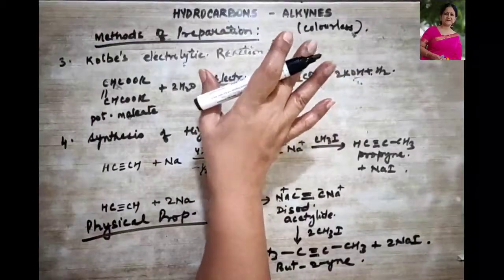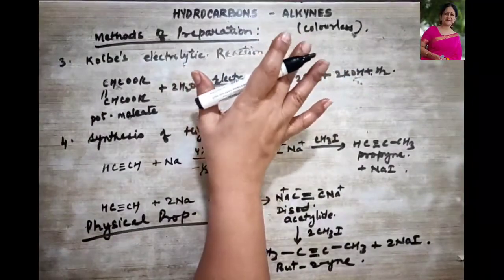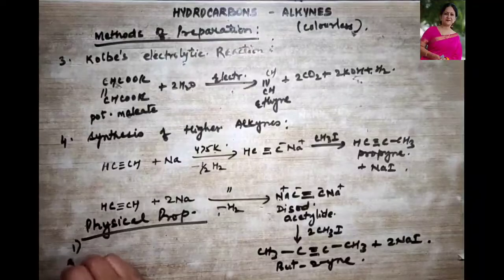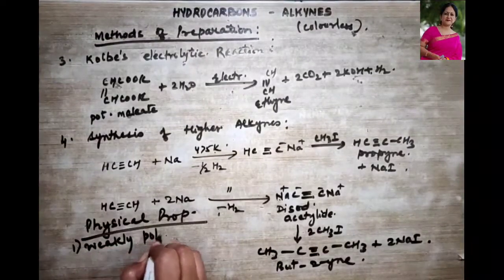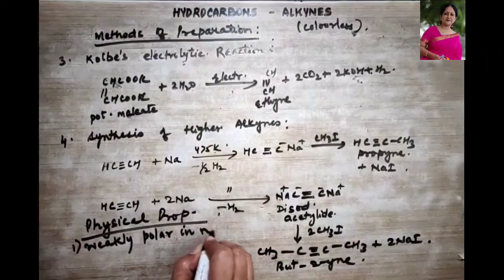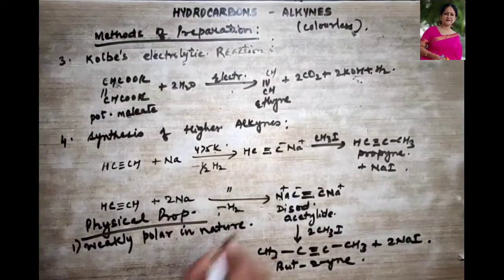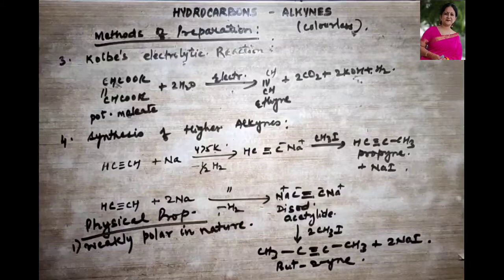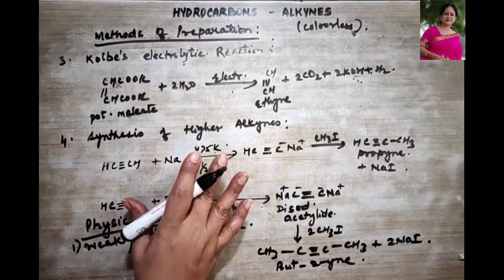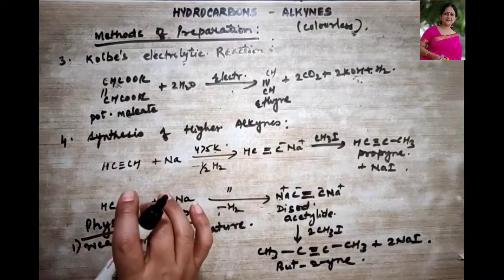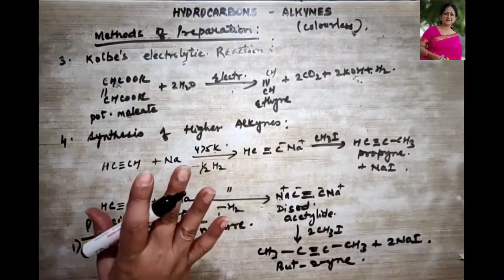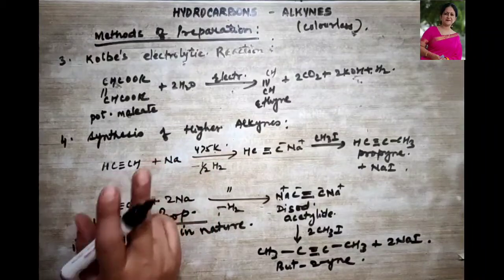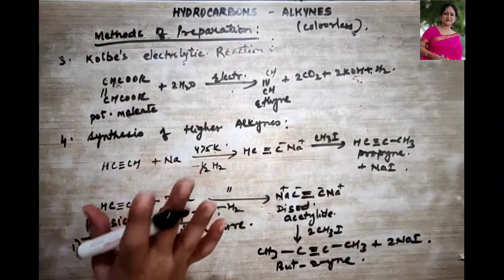These alkynes are weakly polar in nature. They are lighter than water, and they are immiscible with water, but they are soluble in organic solvents.